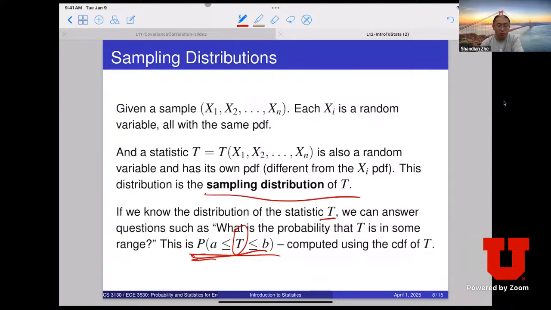If you know the sampling distribution of T, and suppose the CDF is, maybe we can use big F, then this probability is just the CDF evaluated at B subtracted by the CDF evaluated at A. Or if you know the probability density function for T, then you can do this through integration. You integrate the probability density function of T in the range A to B, and you get the probability.